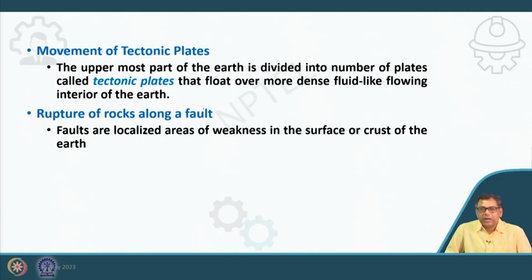So there is a rupture of the bedrock or the crust along this fault line and fault zone, and so there will be an earthquake. So one is the plate movement, another is the rupture of rock along the fault. These are the causes of earthquake. In addition to these two causes, there are some other causes that I will discuss later on.